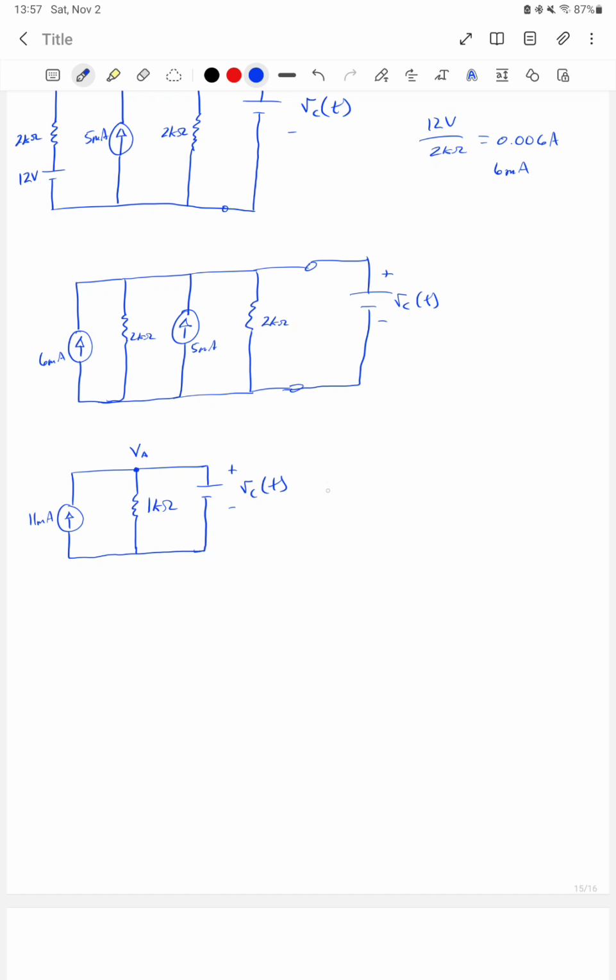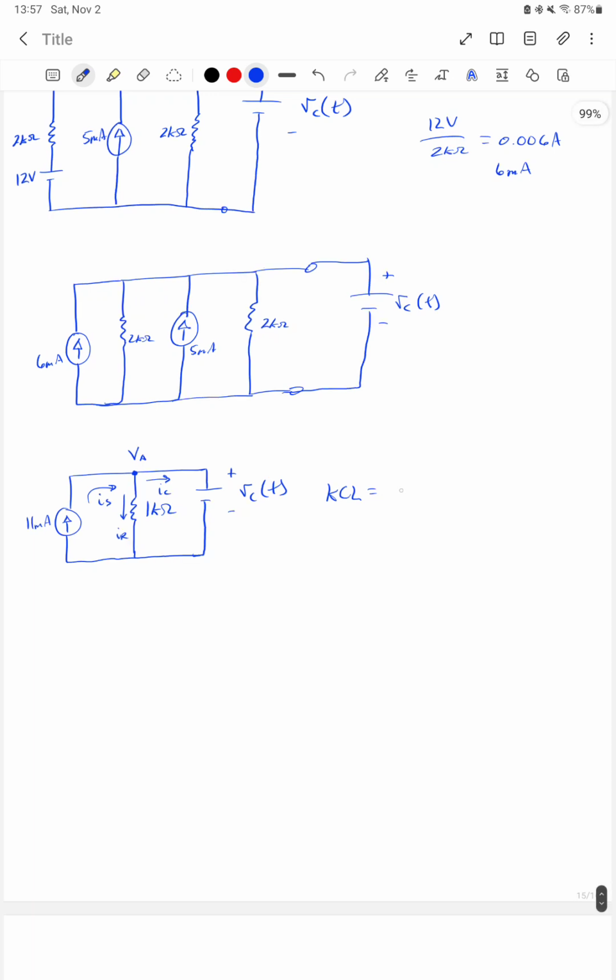The KCL involved is going to be: you have IS, your source current, you have your IR, and you have your IC. So this KCL has the IS going in, which means it's going to be negative, plus your IR going down that branch, plus your IC, and that is equal to 0.